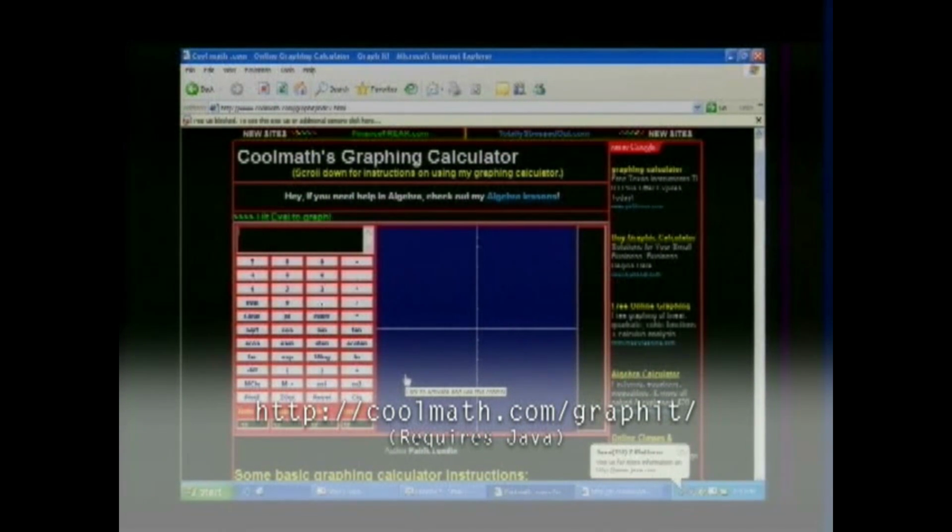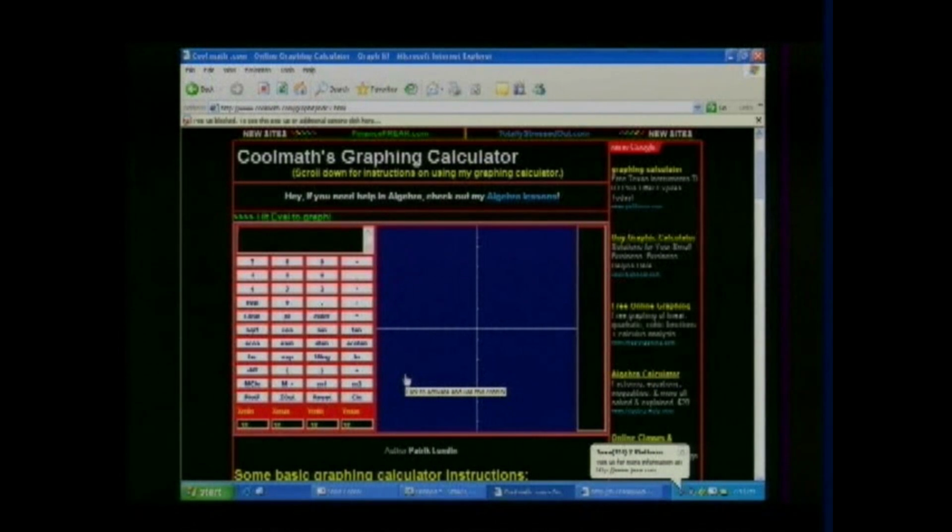Very simple. To graph this function, problem number 82, P(t), you don't type that in, but it is equal to 72 divided by 9 minus t.